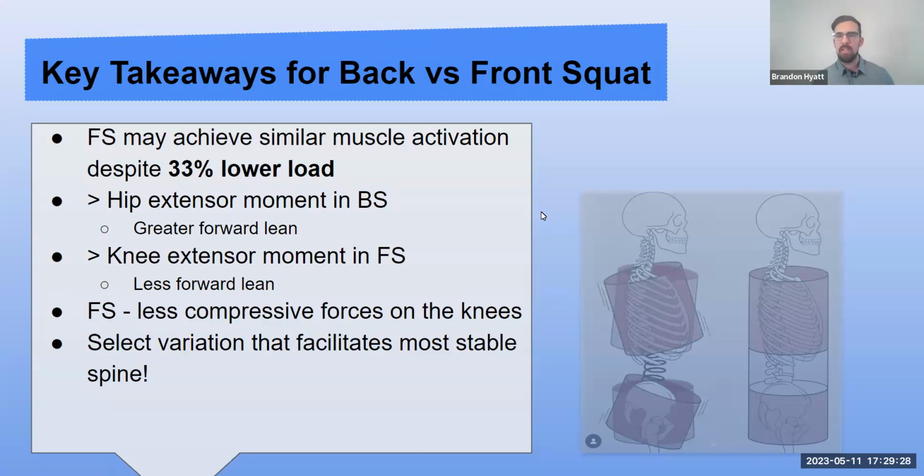Well, it's hard to say because each study used different types of participants. So it's difficult to conclude 100%, but we can get some idea here that, okay, if I'm creating more knee extensor moment in a front squat, I might be getting some more quads there. That makes sense to me. But we're going to need more research to provide an authoritative text on this matter.